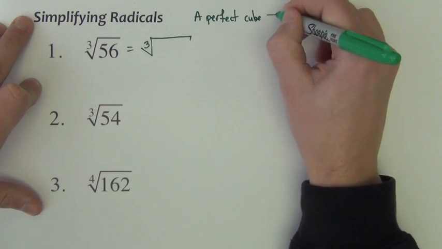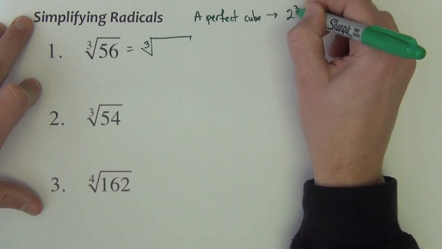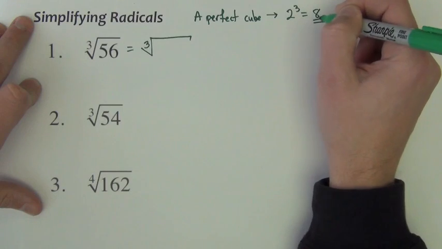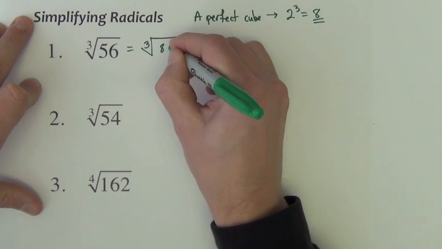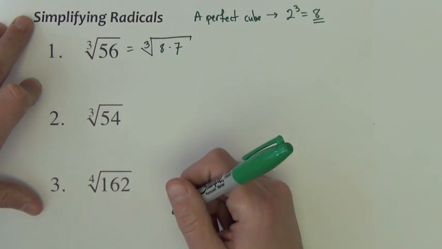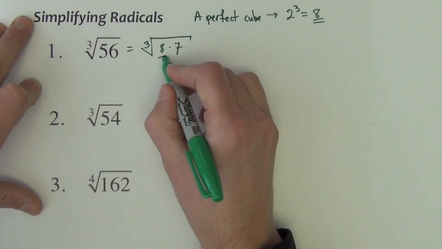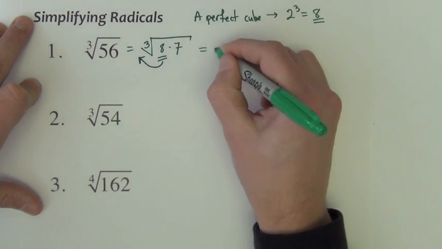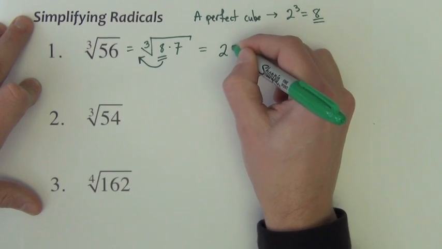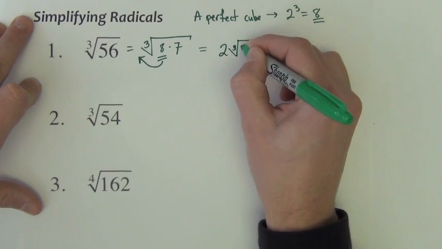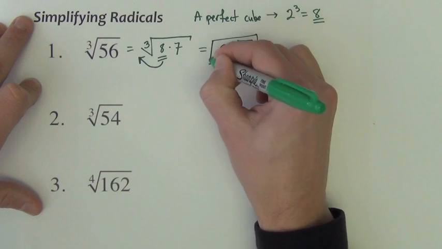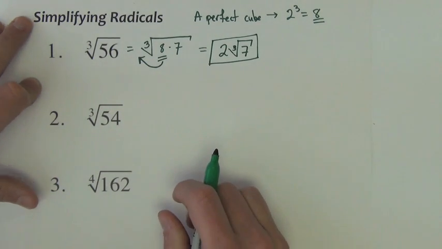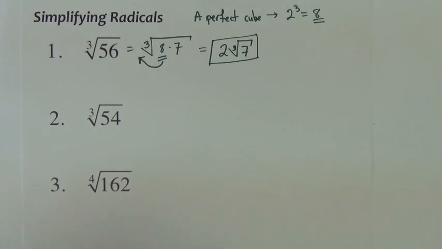So I know, for instance, that 2 cubed is 8, and 8 divides 56. 8 times 7 makes 56. The 8 is a perfect cube, so it comes out of the cube root. Cube root of 8 is 2. So 2 cube root of 7. Same exact principle that we would use if it was a square root. We're just using a cube, not a square.